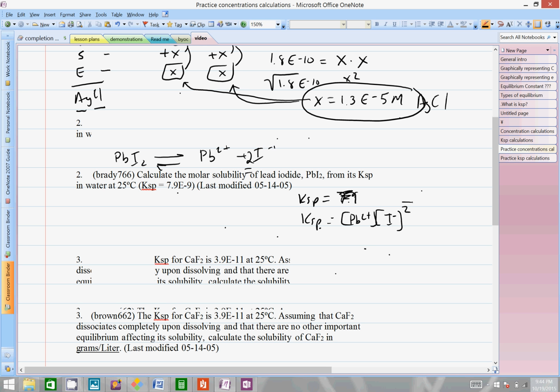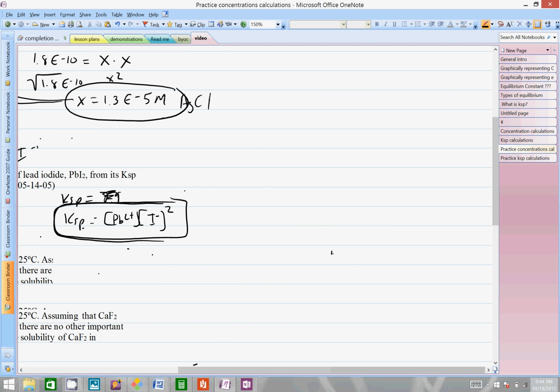Now, what do they want us to do for this problem? They want us to determine the molar solubility of the lead iodide. Not the lead ions, not the iodide ions, they want the lead iodide. So again, I have my formula.